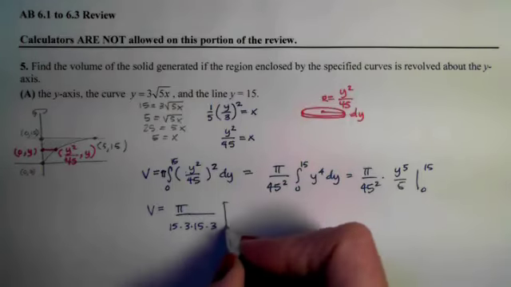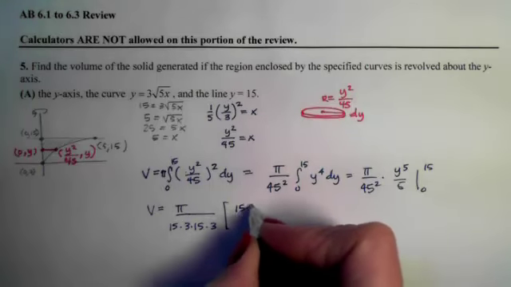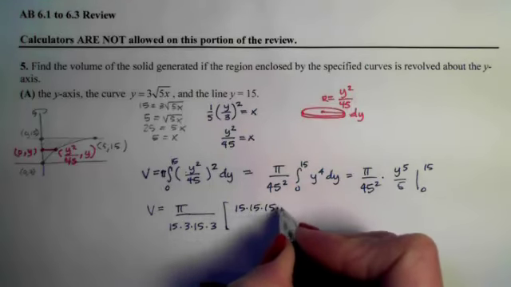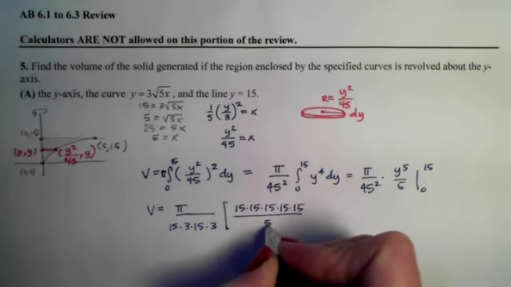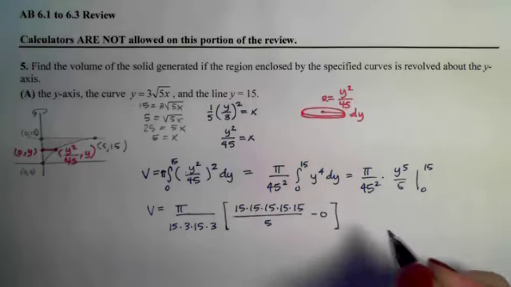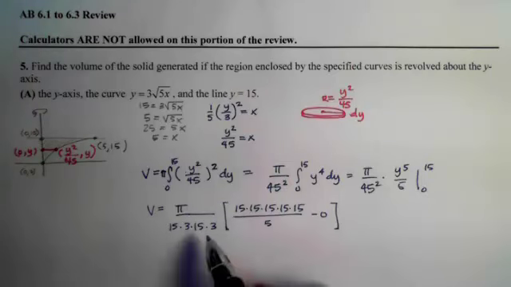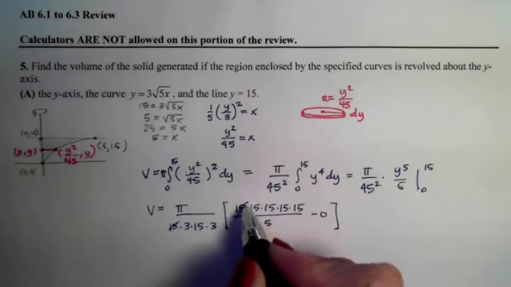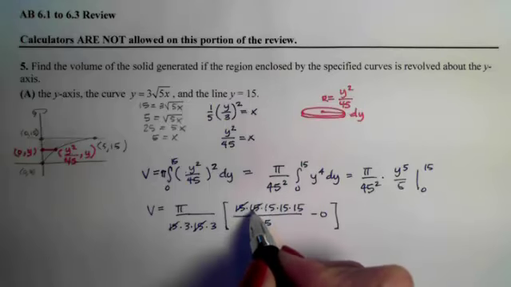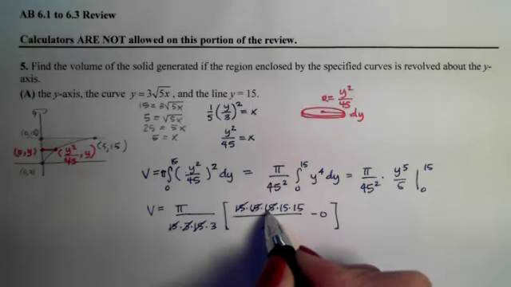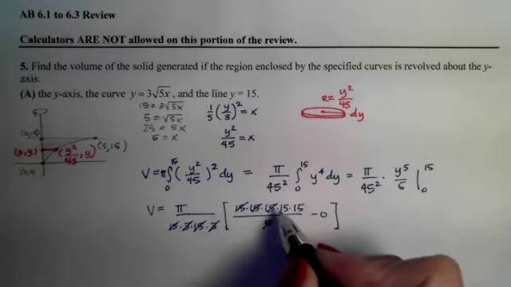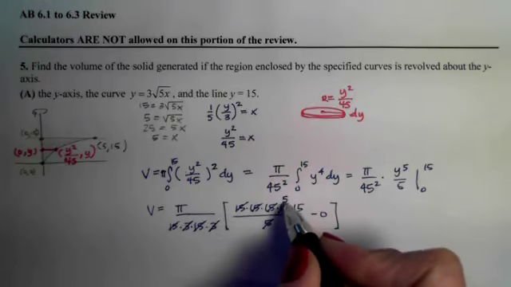And then here I will have 5 of those 15s over a 5 minus a 0. So I can start to cancel here. A 15 cancels with a 15, another 15 cancels with a 15. I've got a 15 on the bottom here, that cancels, and then I have a 3 that can cancel here and give me a 5.